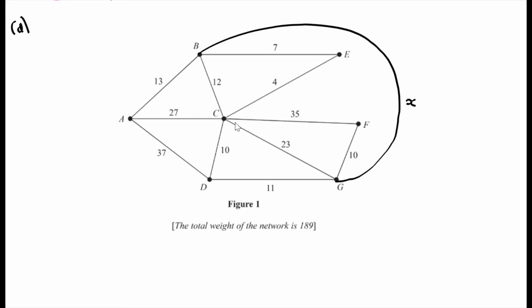And in terms of the odd vertices, in terms of what's odd, A is odd, and also D is odd. There is nothing else which is odd. So A and D are odd.